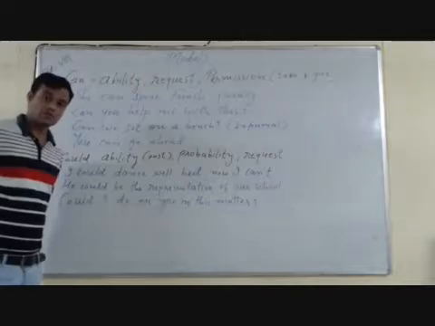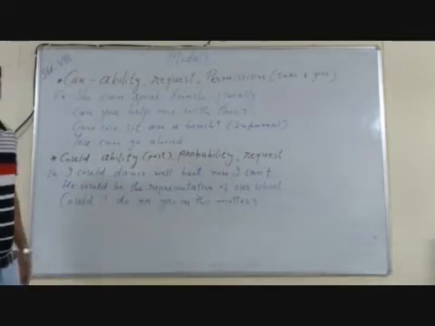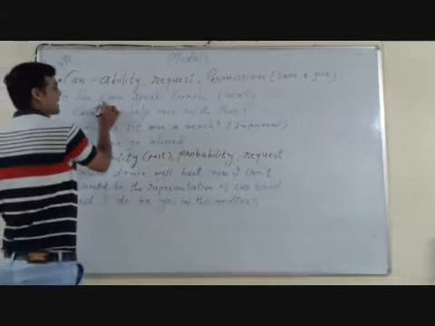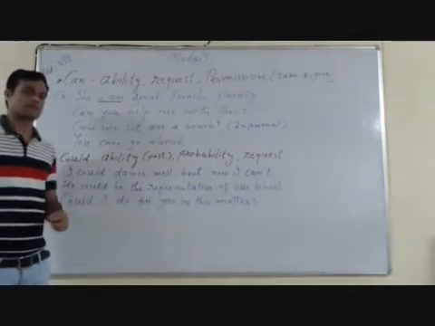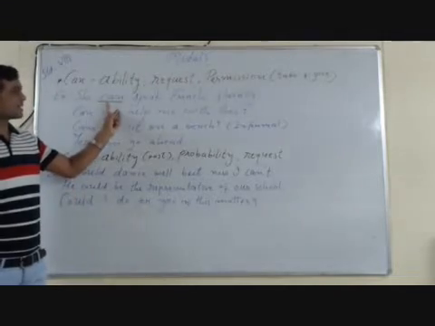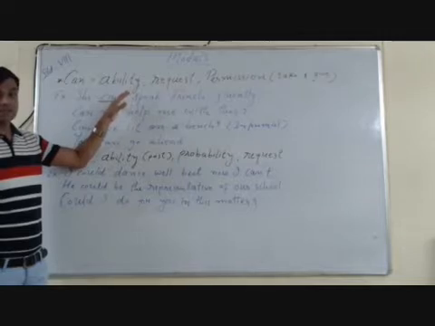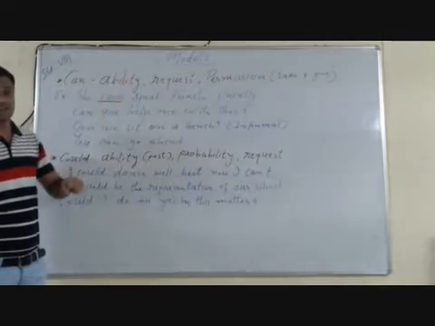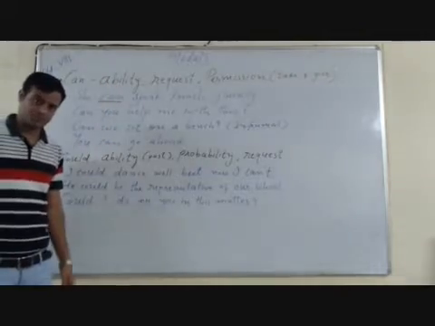Let's see the examples. She can speak French fluently. In this sentence, can shows the ability of speaking. So can here is used to show ability.